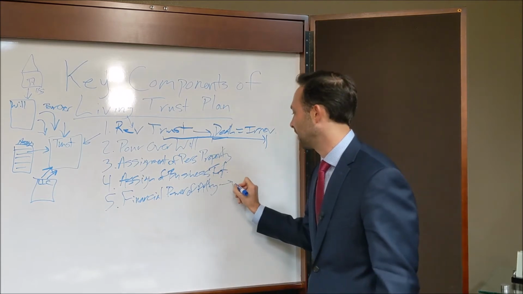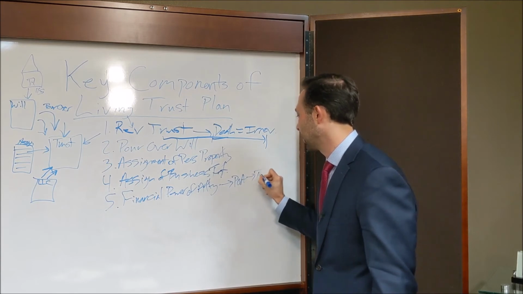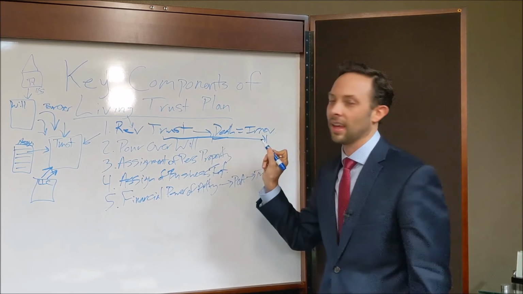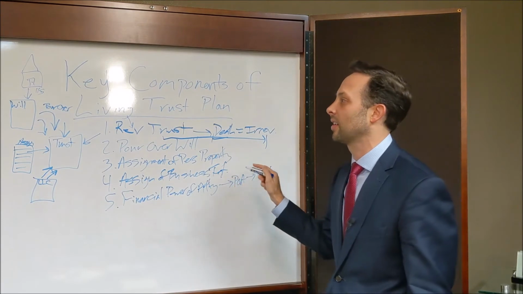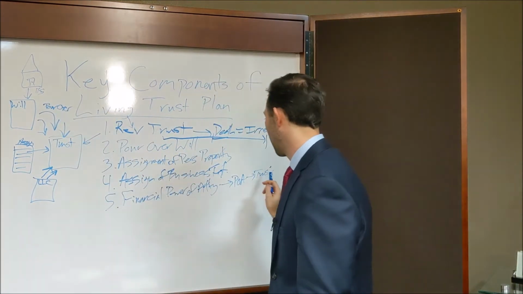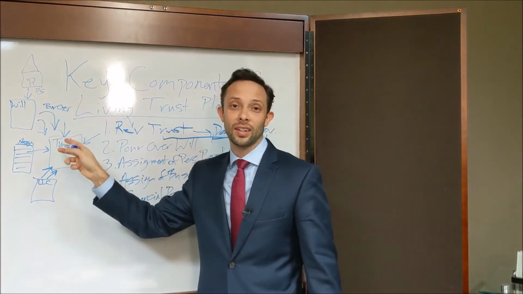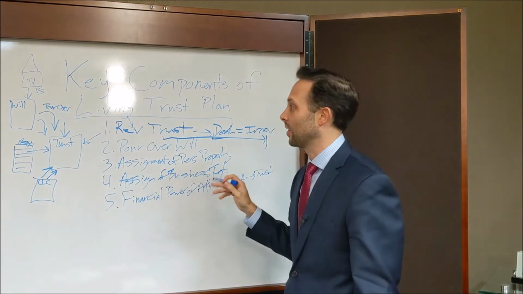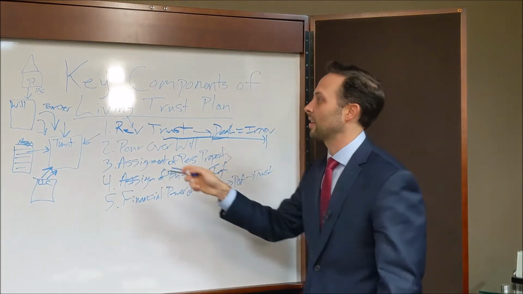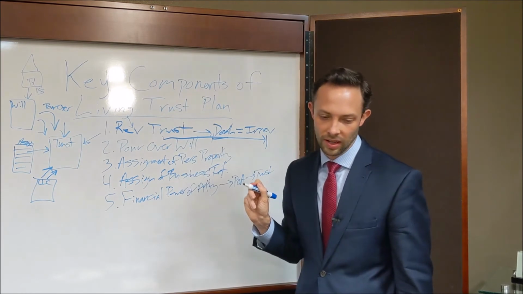However, we'll do a specially designed POA to work with a trust, and again, it will say if there's some asset that wasn't placed inside the trust, like this cabin up here, the 1/5 interest, your power of attorney can transfer it into the trust for you. So that would be key. Let's say you're incapacitated when you inherit that interest. We've got the financial power of attorney.